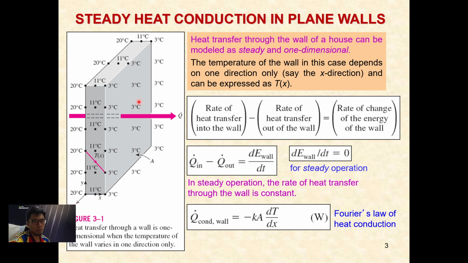develop some formulation here. Q in minus Q out equal to dE over dt. Okay, since we are studying a steady state operation, dE over dt is equal to 0, so we delete it out of this equation. Then if we rearrange this equation, Q in equal to Q out.